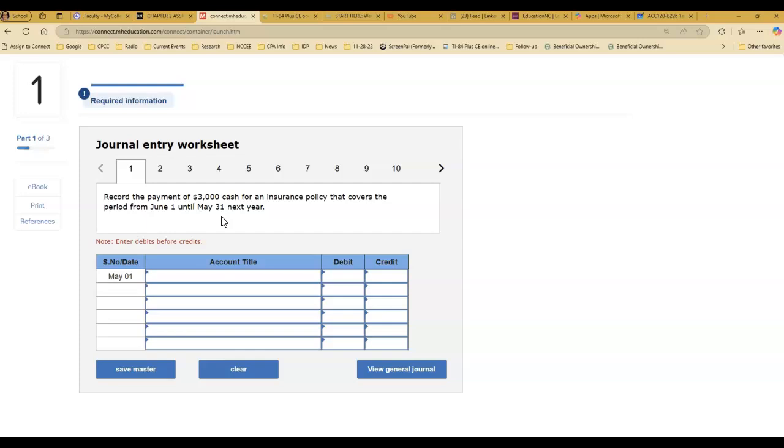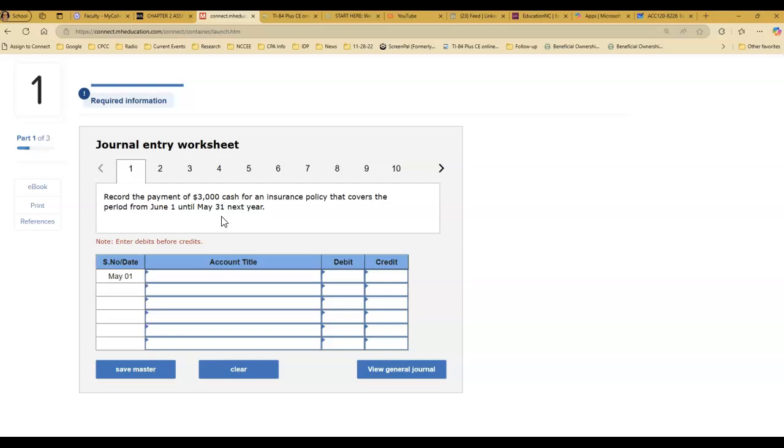Let's talk about how an insurance policy works, first of all. When you're buying insurance, whether it be personal or business, typically you pay for the insurance first, and then you start using it up.